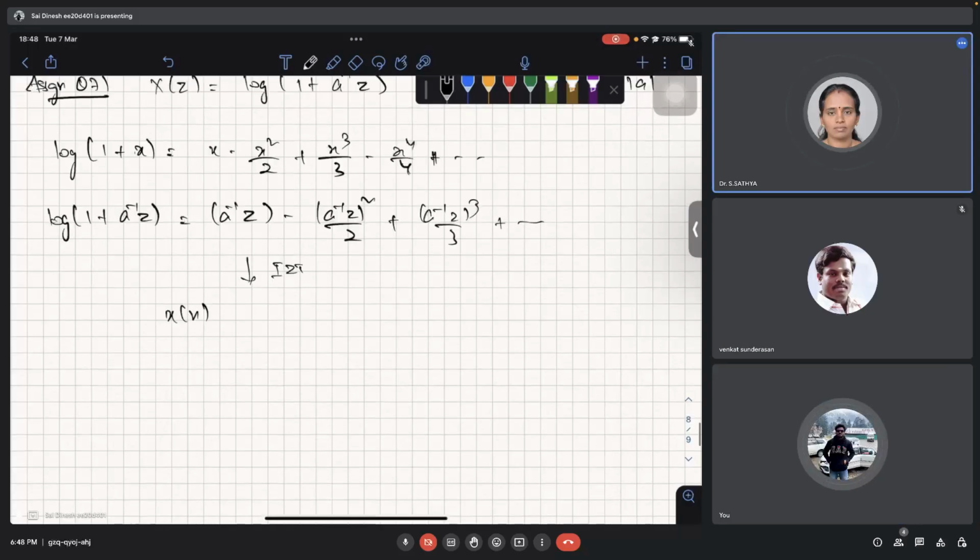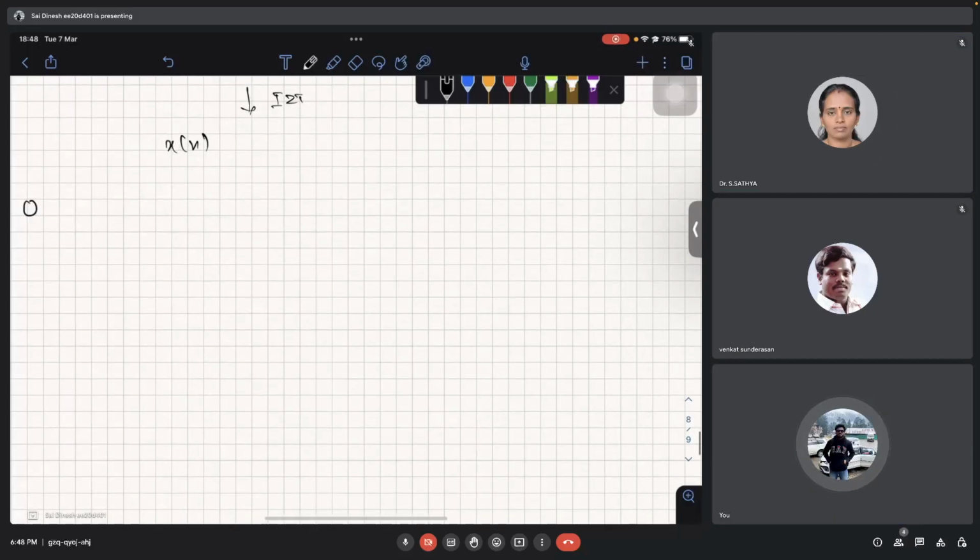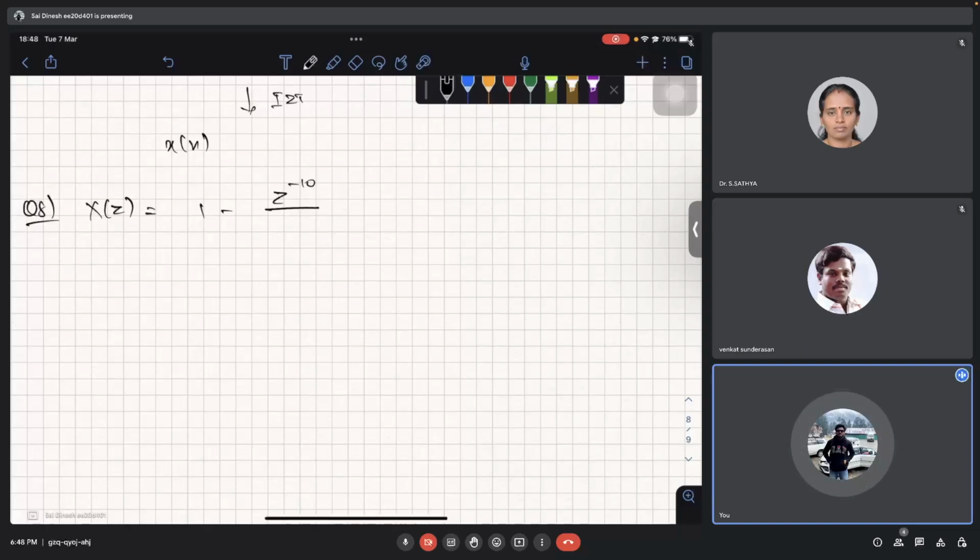Okay, so question 8. X of z is (1 minus z power minus 10 by 1024) by (1 minus z power minus 1 by 2). So what is the value of 1024?